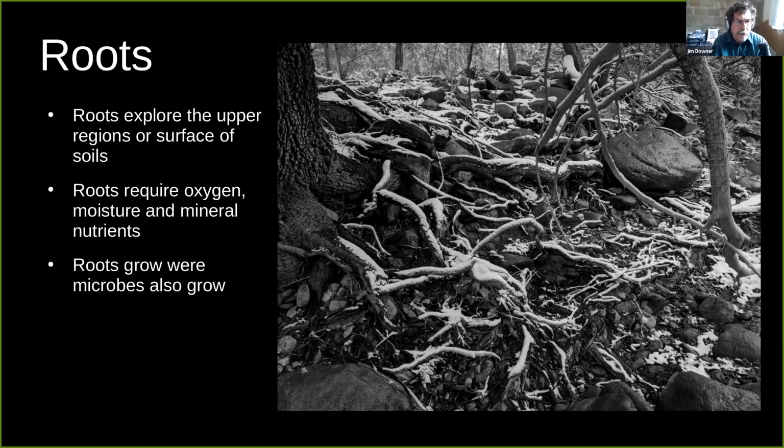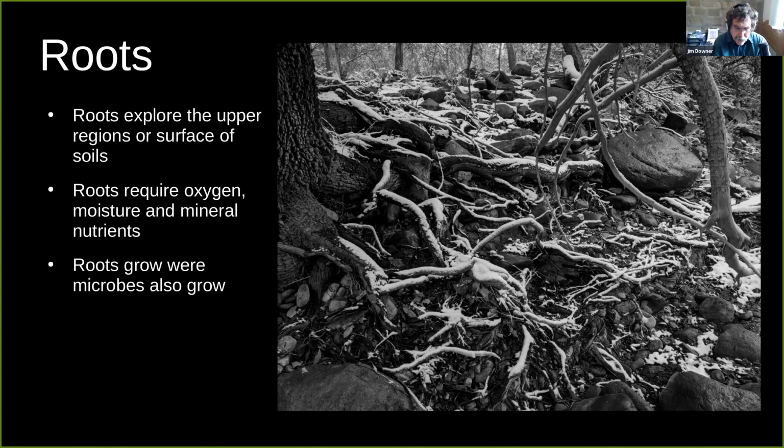And roots require oxygen, moisture, and mineral nutrients, or at least the ability to exchange gases, because roots don't have leaves. They have to run on stored energy, the glucose that the leaves make, and they have to respire. So they have to exchange gases. They have to lose carbon dioxide. They have to gain oxygen. And they can't do that in bad soil conditions.